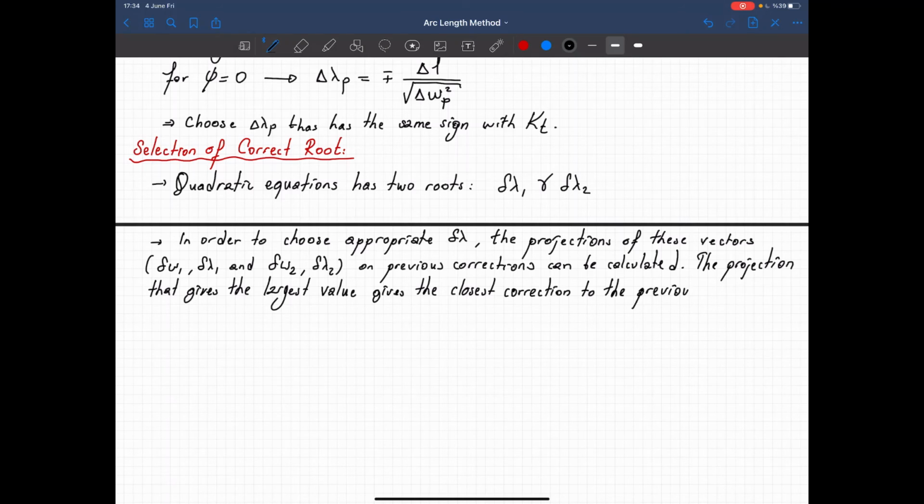So basically we are calculating the projections, we are calculating the dot product for both cases, and we take the largest one. And the dot product is as follows.